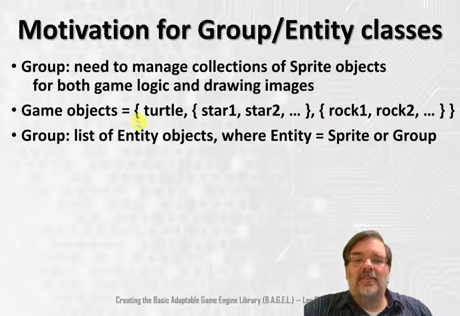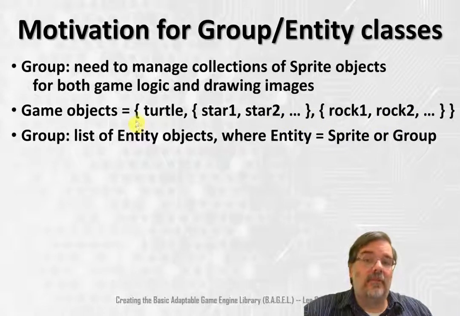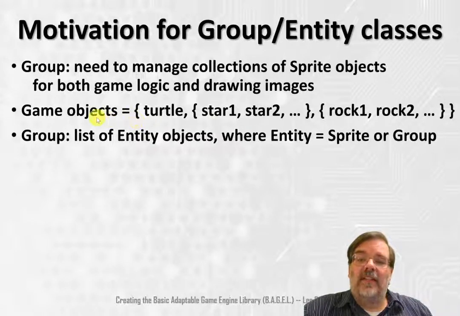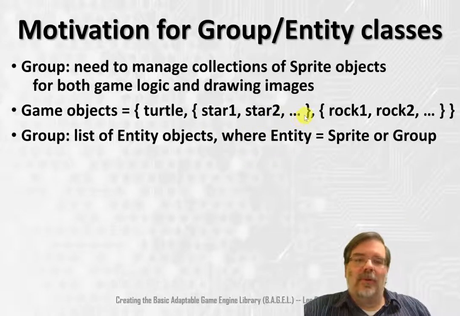So there's this nested group structure that we'd like to be able to implement. And therefore, we're going to say that a group can be a list of individual sprites, or a group can contain other groups. This is a little bit tricky. It sounds a little bit recursive almost.